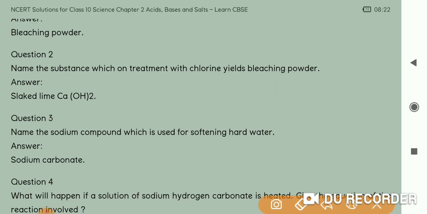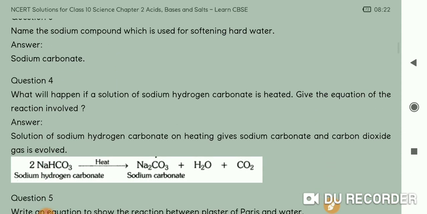Calcium hydroxide, that is slaked lime, when treated with chlorine gas produces bleaching powder. Now question number 3, name the sodium compound used in softening hard water. That is sodium carbonate, Na2CO3.